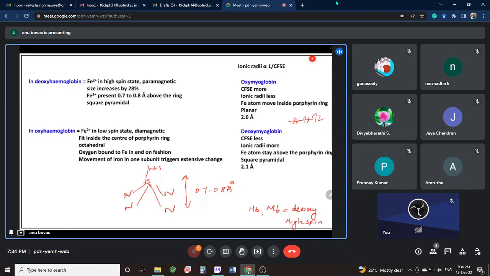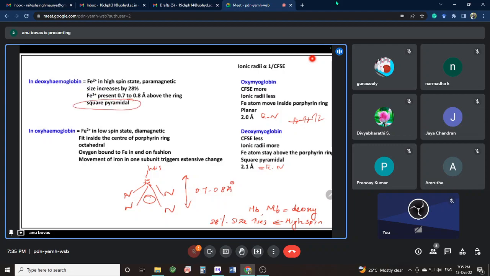In high spin state, it is told that size increases by 28%. So when size is high, here there is a cavity, no? Iron cannot fit here. Iron will stay 0.7 Angstrom above, and the iron nitrogen bond length in that case will be 2.1 Angstrom. So square pyramidal, almost, will be the shape.